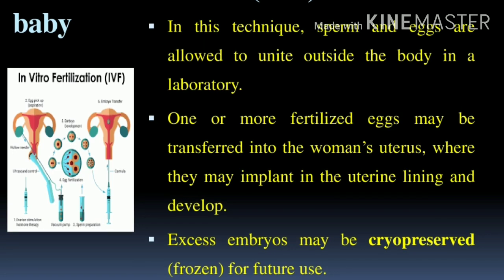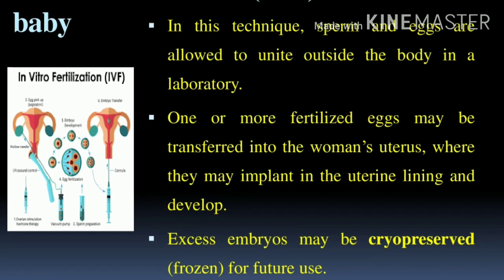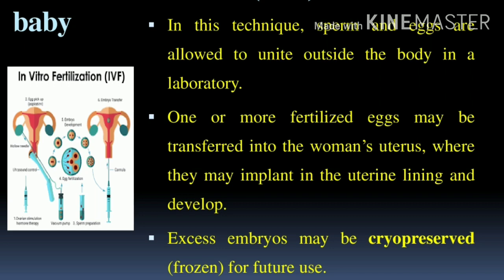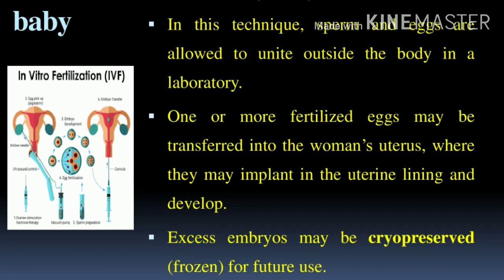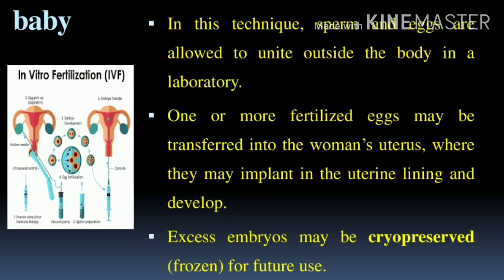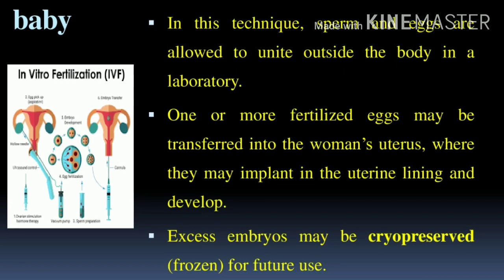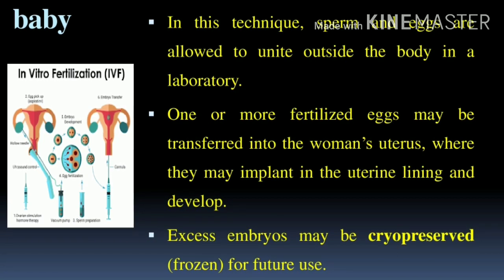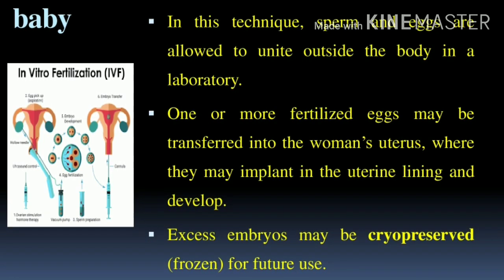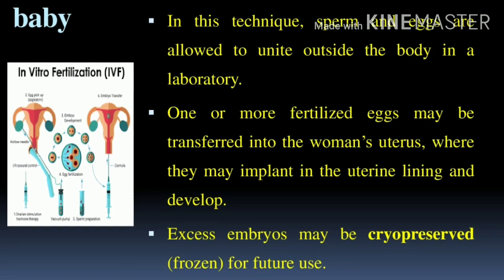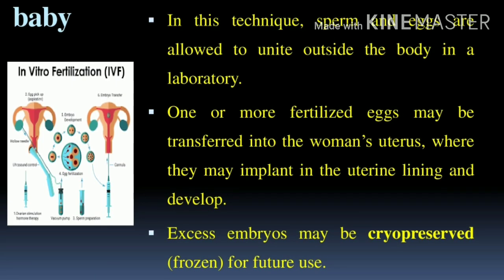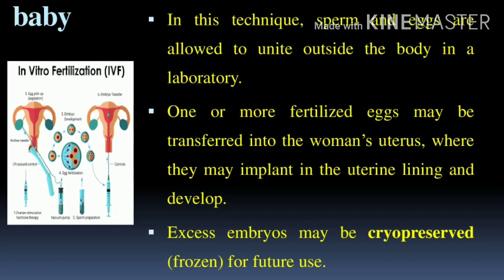After fertilization, what is the process? That is implantation. The implantation occurs in the uterine lining and the fertilized egg develops. The excess embryos, that is the excess fertilized eggs, may be cryopreserved for future use.